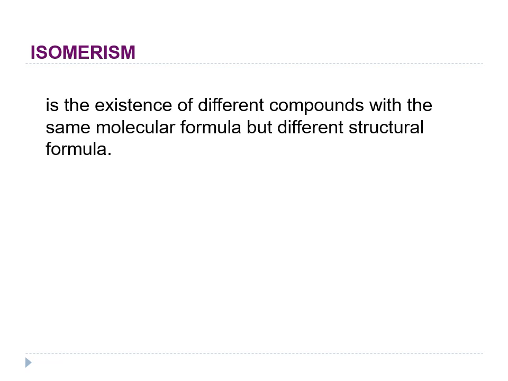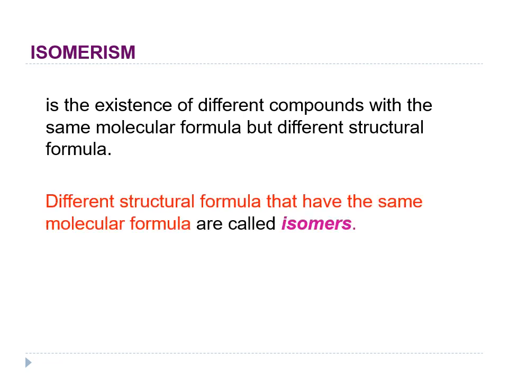What is isomerism? It's the existence of different compounds with the same molecular formula but different structural formula. The atoms are arranged differently. Different structural formulas that have the same molecular formula are called isomers.